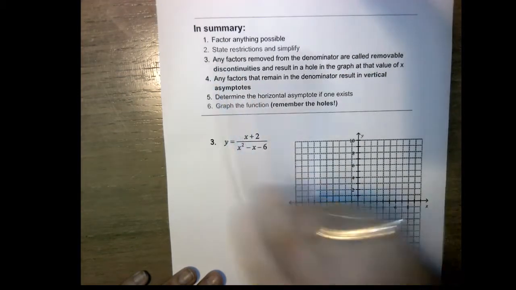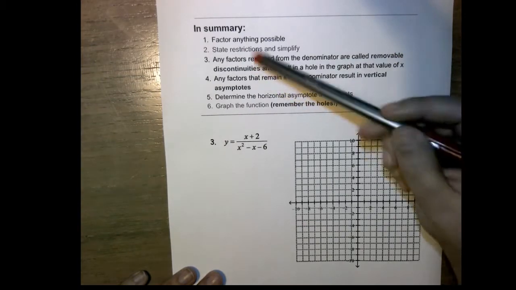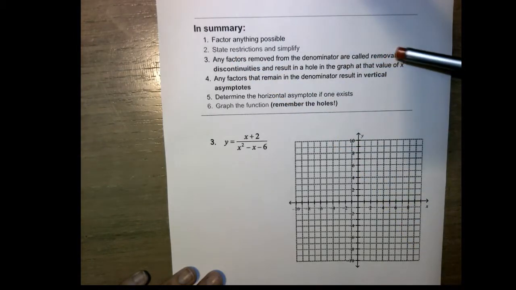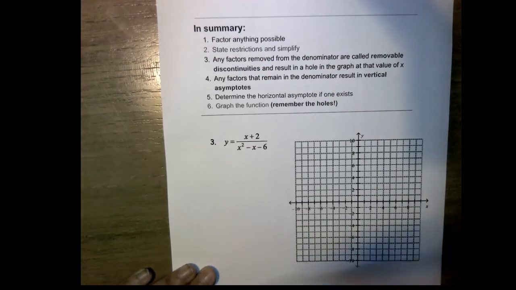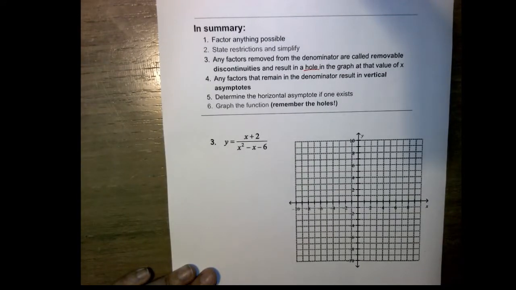And then number 3, if a restriction is removed, right? So if you're able to remove a factor from the denominator, then we call those removable discontinuities. And if it's been removed, then that means it's going to result in a hole in the graph at that value of x, right?